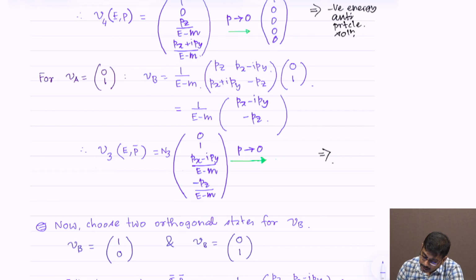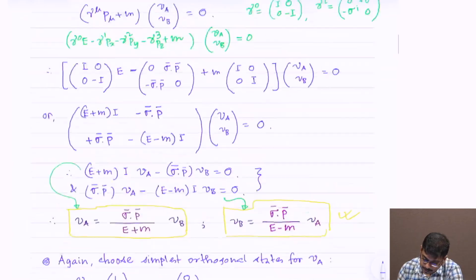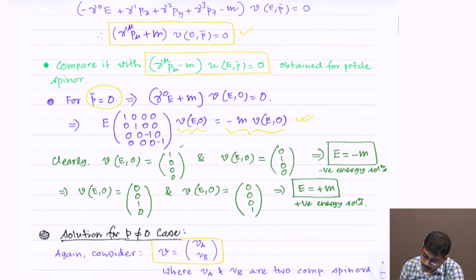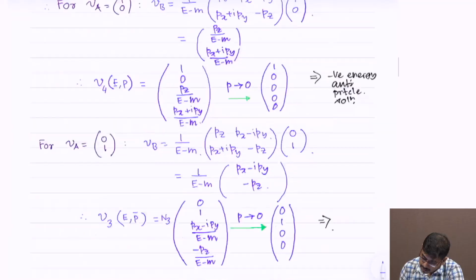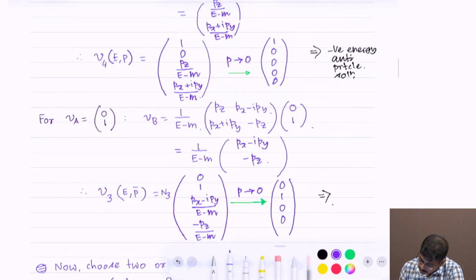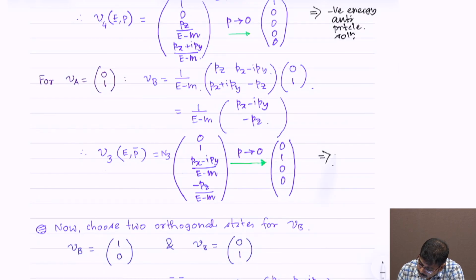Once again, if I take the p tending to 0 limit, what kind of eigenstate does it go to? This is simply 0 1 0 0. Once again, you remember from the earlier exercise that 0 1 0 0 also gives you the negative energy antiparticle solution.